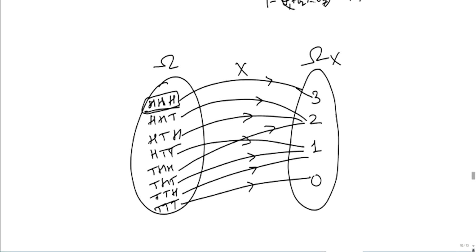What these values say is, if you toss a coin 3 times, then either you would get 0 heads, or only 1 head, or 2 heads, or 3 heads. That information is sufficient for us. Well, that would depend on your theoretical question. Sometimes you might be more interested in the number of tails rather than the number of heads, or the number of consecutive heads. So you can define a function accordingly based on what you are interested in.